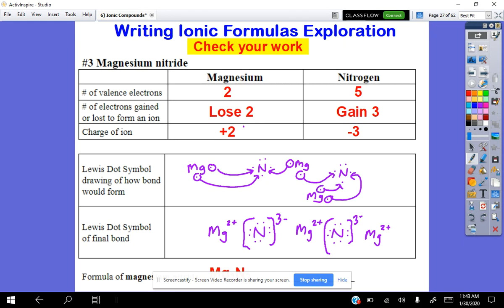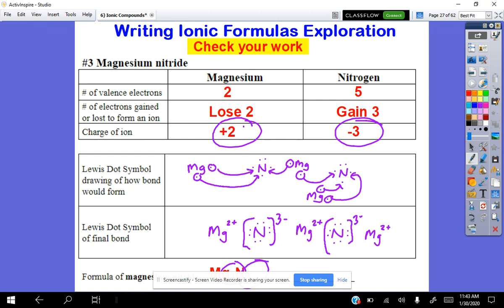When we left off last, we used our Lewis structures to show us how to transfer our electrons. One of the things I point out in my classes when I go over these problems is to look at your charges and compare it to the formula, because the numbers in the formula follow a certain pattern every time. You'll notice that magnesium had a +2 charge, but nitrogen is the one that gets a number 2 as the subscript.